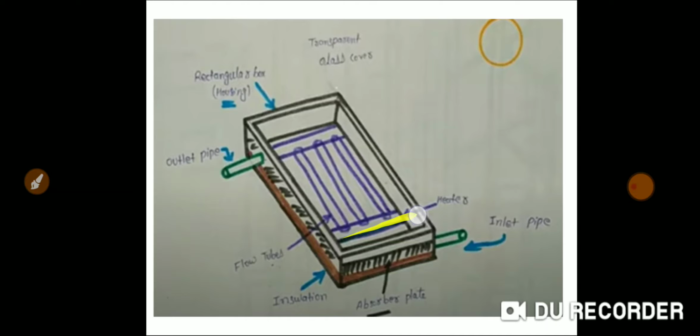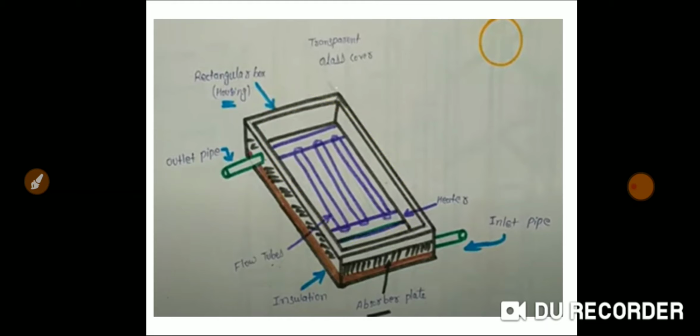One is on the inlet pipe side and one is on the outlet pipe side. The role of this heater is to store hot and cold waters. After that, one transparent glass cover or plastic cover is provided over this rectangular box, so that the heat that goes inside this solar collector will not go out.